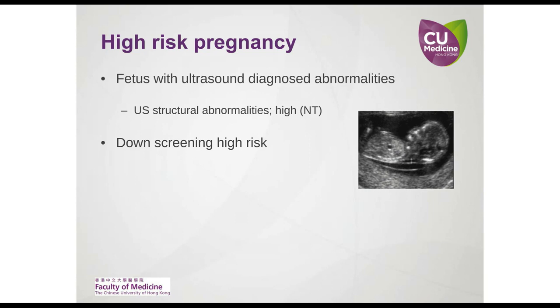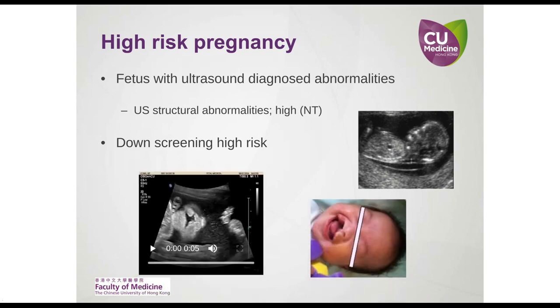It could be as common as high nuchal translucency, like highlighted here in the fetus, an excess during the first trimester, or they are simply high risk by Down syndrome serum screening, or it could be more complicated, that we see in the second trimester morphology scan, like this case with cleft lip and palate.